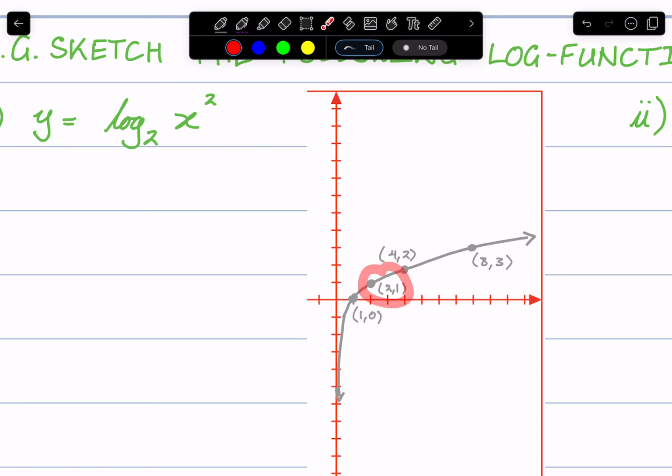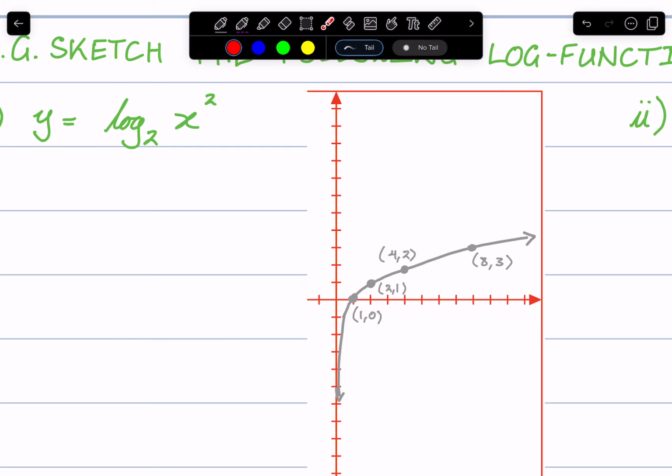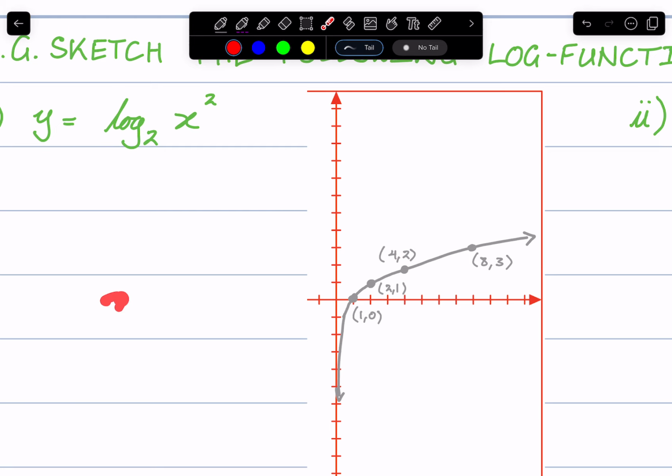When we put x is 2, log base 2 of 2 is 1, and as you've seen before, this is 2 to the power of 1 equaling 2, so that is true. 4 being x is log base 2 of 4 equaling 2. That's the output, and this is true because the base, 2 to the power of 2, is indeed 4.